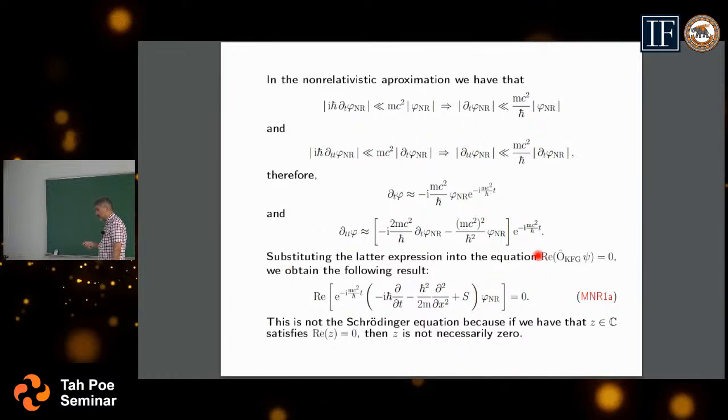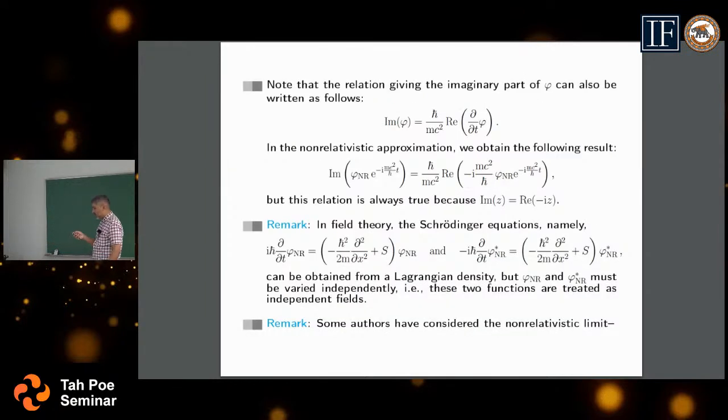The non-relativistic limit of the Majorana equation describes a Klein-Fock-Gordon equation and Majorana at the same time. Okay, these are the arguments the physicists working in field theory use. In field theory, these two equations are obtained from a Lagrangian, and you suppose that phi and phi asterisk must be varied independently. We teach this to our students. Phi satisfies the Schrödinger equation.